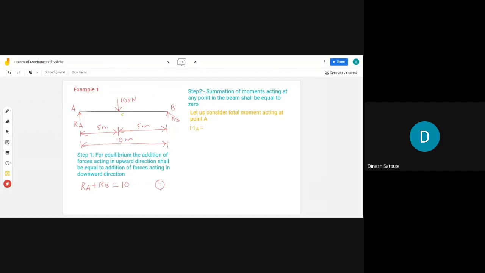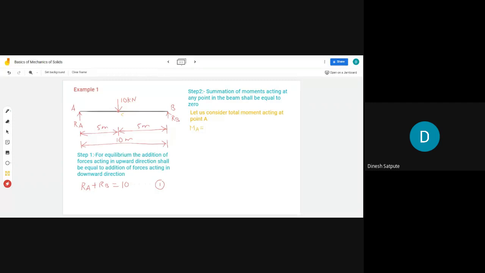MA. To consider the moment acting at point A, how many forces will contribute to this moment? First and second, because RA is acting on point A, so that should not be considered because it will automatically be equal to 0. So let us consider this first force multiplied by the distance, that is the formula for moment: force multiplied by the perpendicular distance between the point about which the moment is to be calculated and the point at which the force is applied.